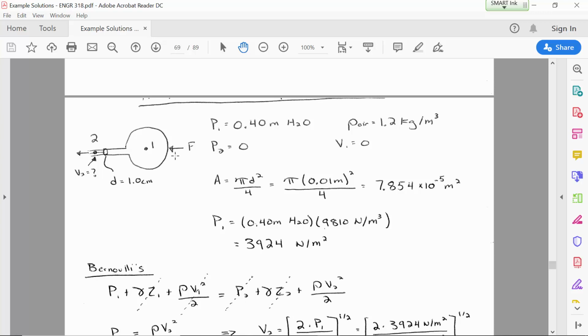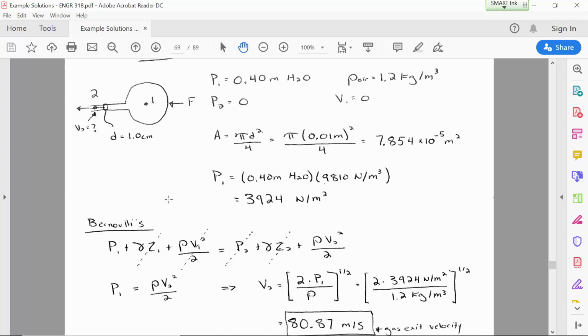They're on the same elevation plane. And there's no velocity at location 1. It's at the center of the balloon, and the balloon is collapsing inward. Even if it wasn't, the velocity would be so small compared to the discharge velocity in this orifice that it could be neglected.